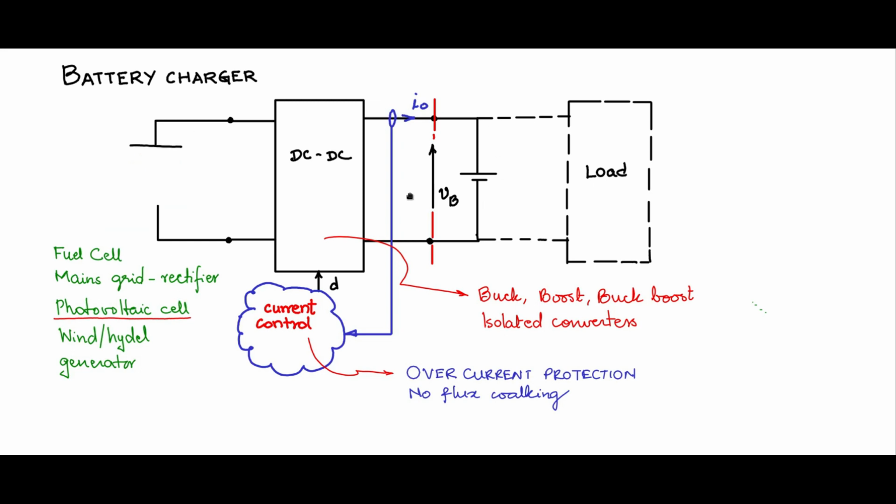So I will replace the generic source with a photovoltaic cell. You may use any of the voltage sources, but I'm just using a photovoltaic source. It may as well be a mains grid rectifier, which we have dealt with much earlier in the course.